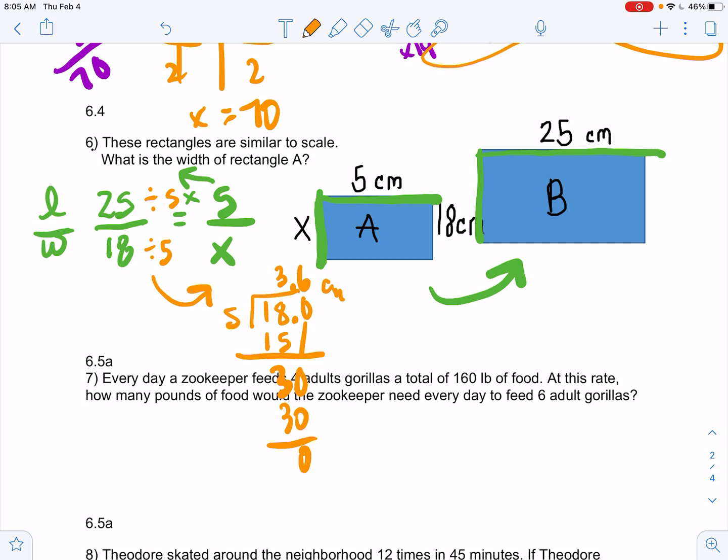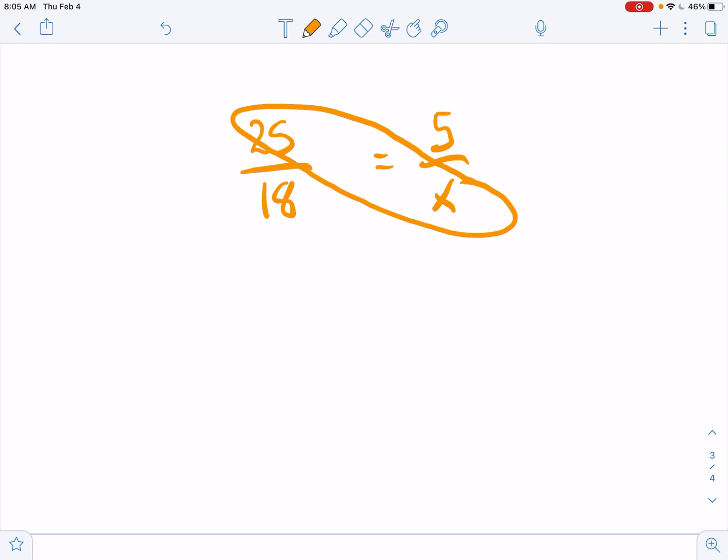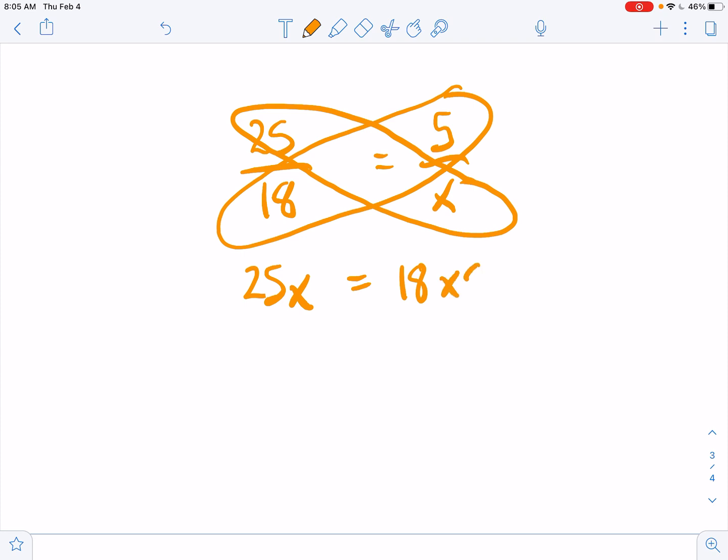Again, 25 over 18 and 5 over x. Remember, 25 times x is equal to 18 times 5. 18 times 5 is 90.